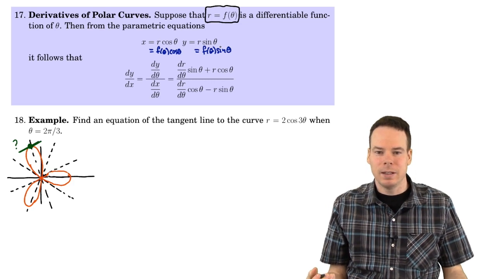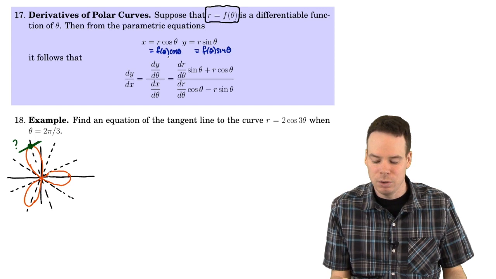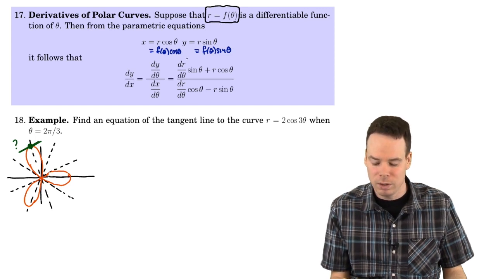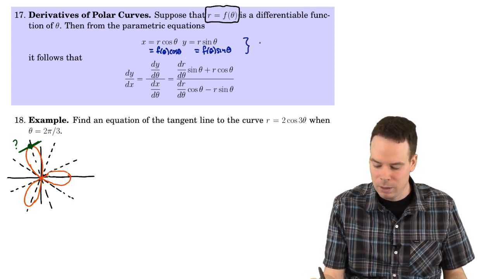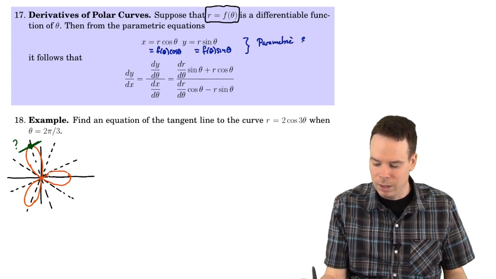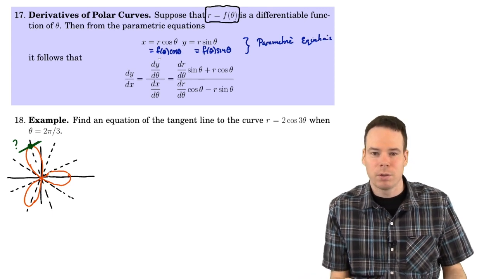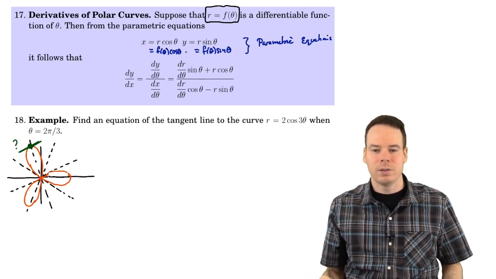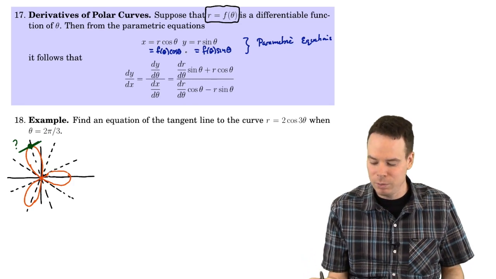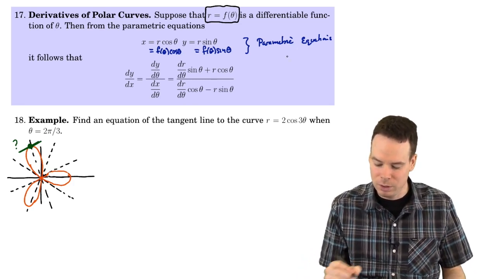This is exactly a parametrization of the curve now using Cartesian coordinates. We've now got parametric equations. We've got x and y described in terms of a third parameter, theta. So now we can use the tools that we developed for finding tangent lines to parametric curves.